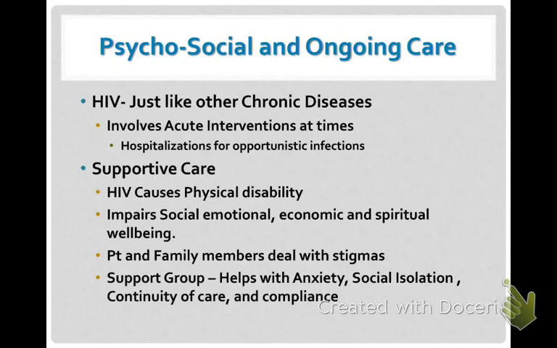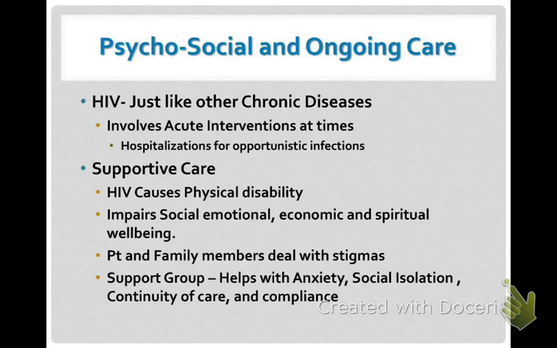They may need economic and spiritual counseling, as well as psychosocial, because it's all affected, as well as their patient and as well as their family members. There's stigmas to deal with. We've come a long way in that as well, but there's still a lot of stigma that can lead to discrimination and social isolation, low self-image, and this in turn can lead to more risky behaviors.